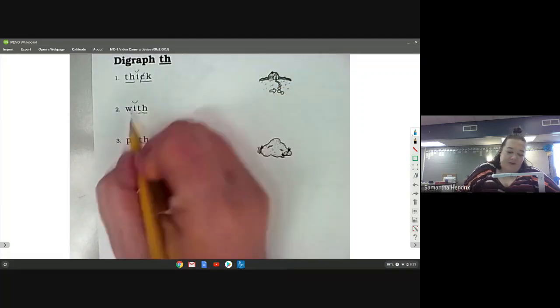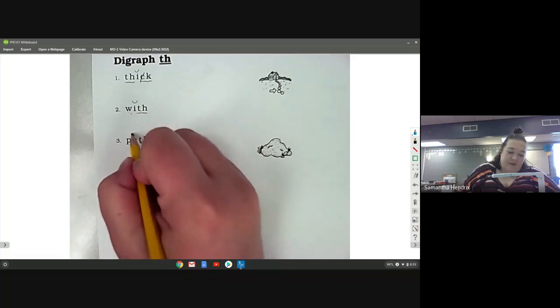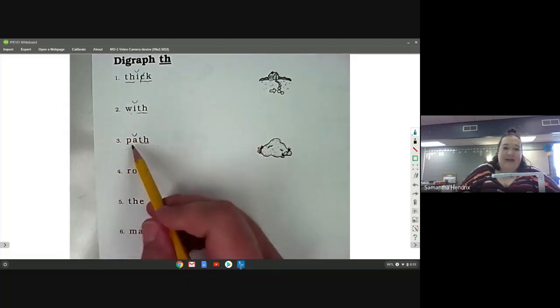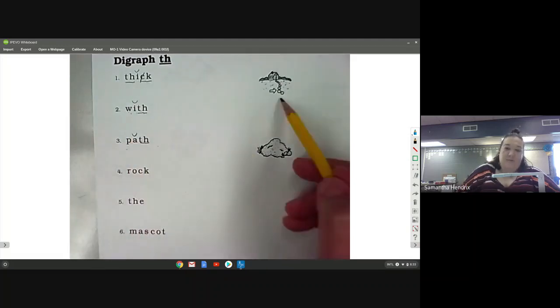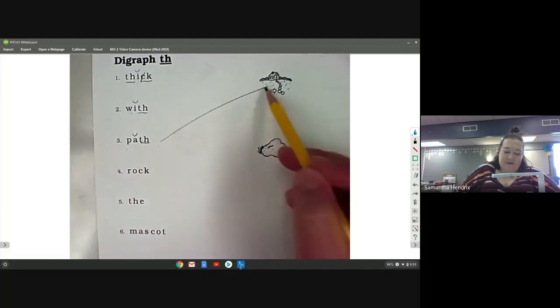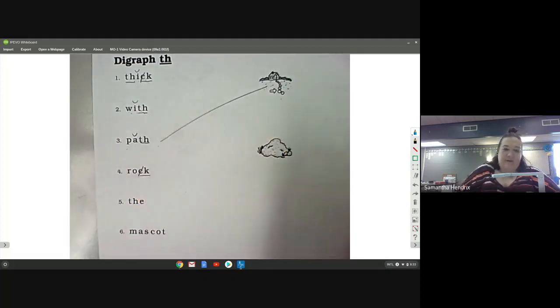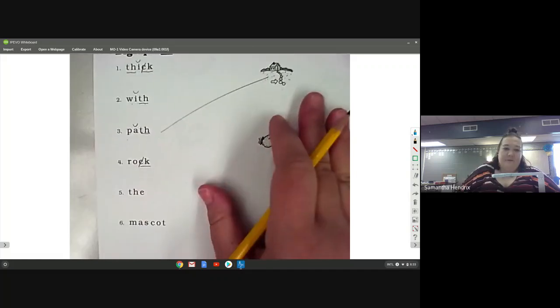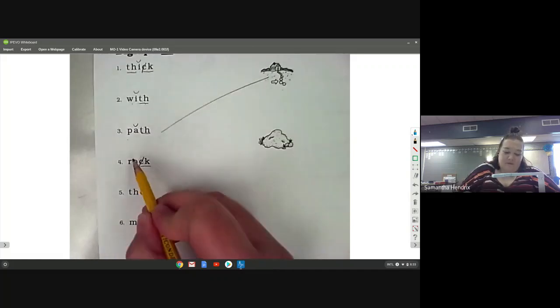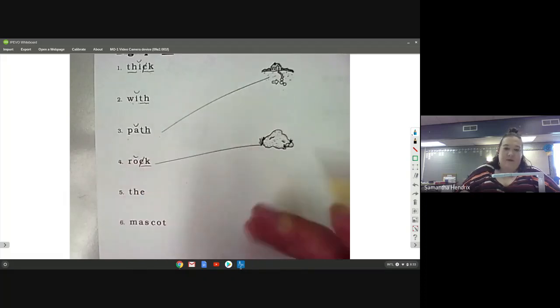Digraph TH, short. Path. Oh, that looks like a little path over there. Digraph CK. Short vowel. Rock. That's a rock.